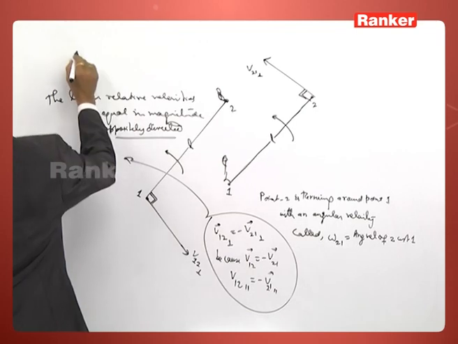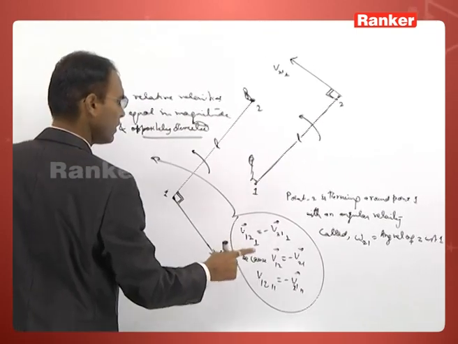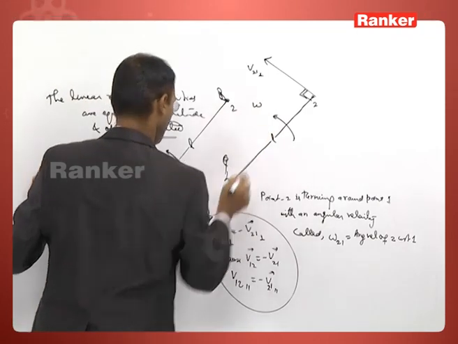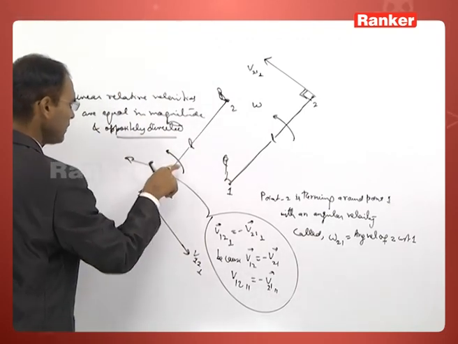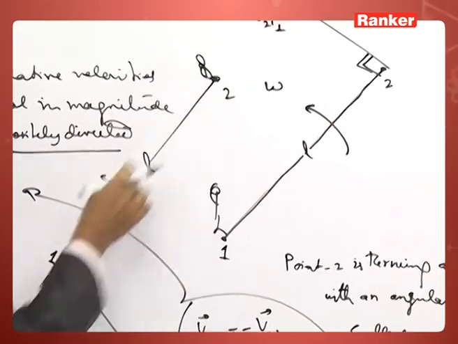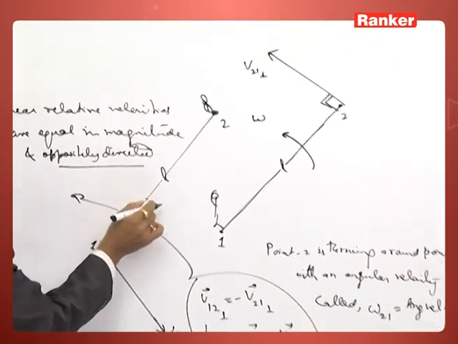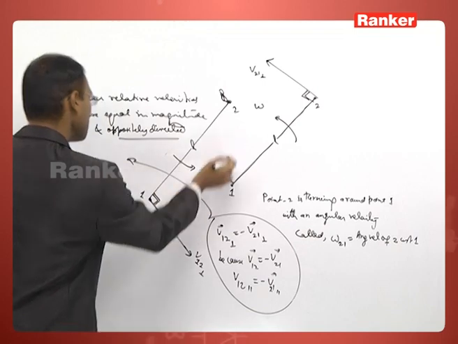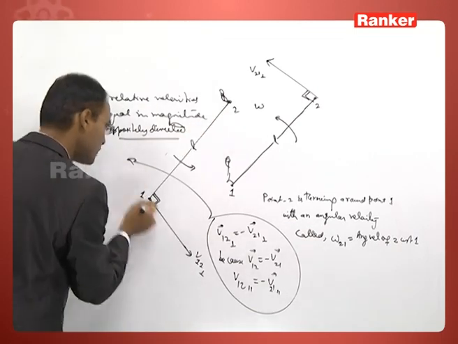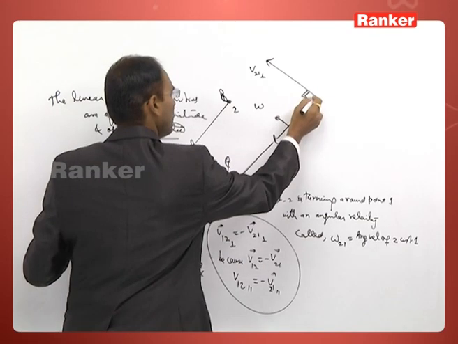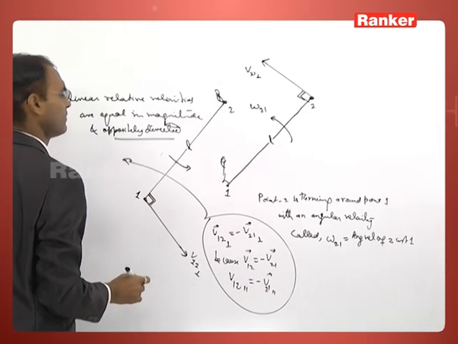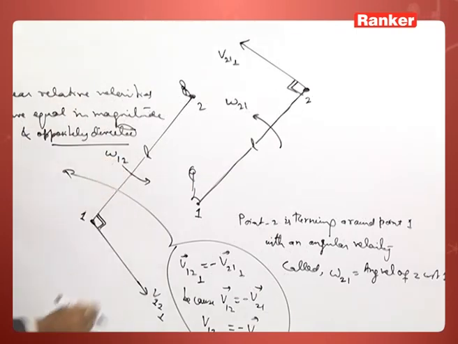Whereas the angular velocity of 1 with respect to 2 is in an anticlockwise manner, because this 1 turns around 2 in this way, and the angular velocity of 2 with respect to 1 is also anticlockwise. So, the angular velocity of 1 with respect to 2 and that of 2 with respect to 1 have the same direction.